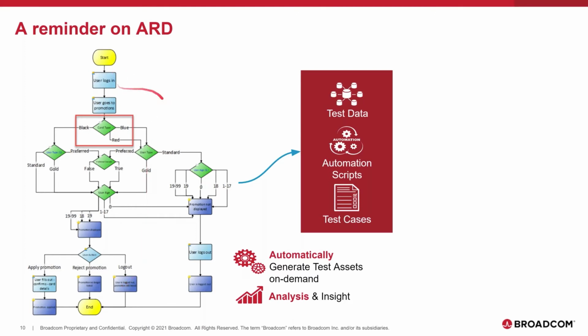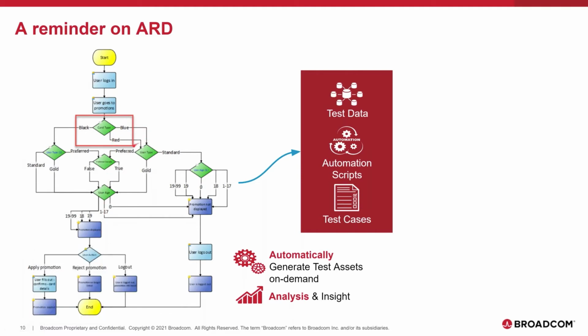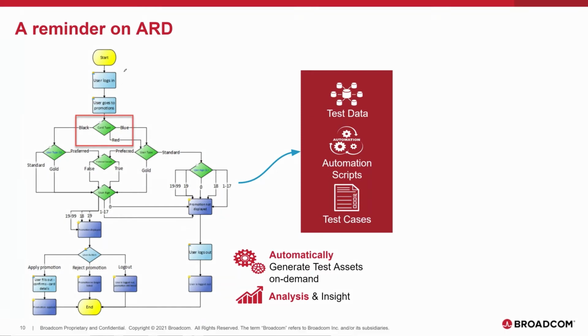So every pathway that you might think of through this model, through this flowchart, represents things we know about the user, things the user does, and things we expect to happen. And it doesn't have to be a user. It could be anything.